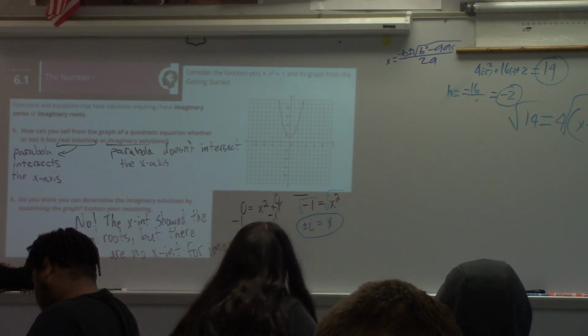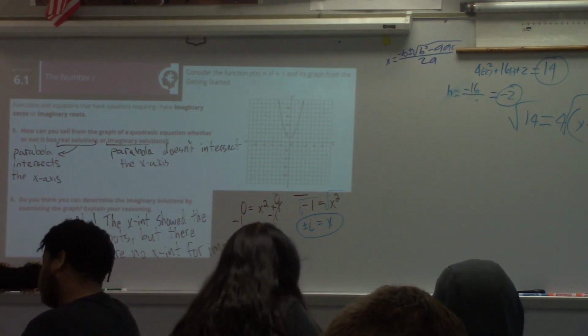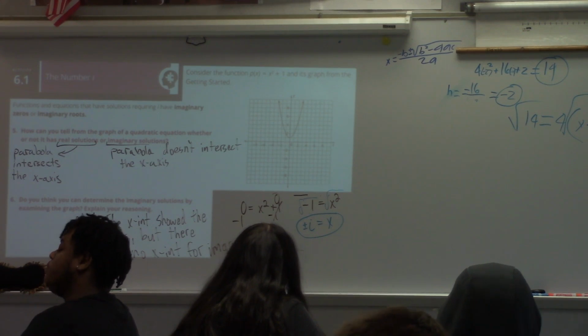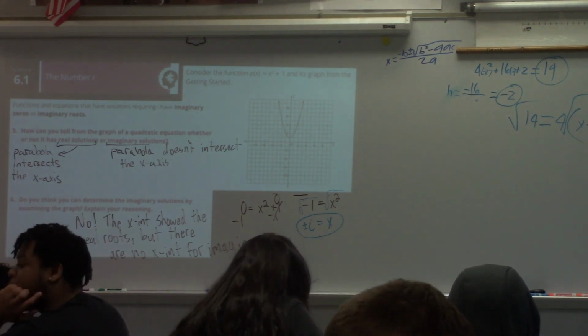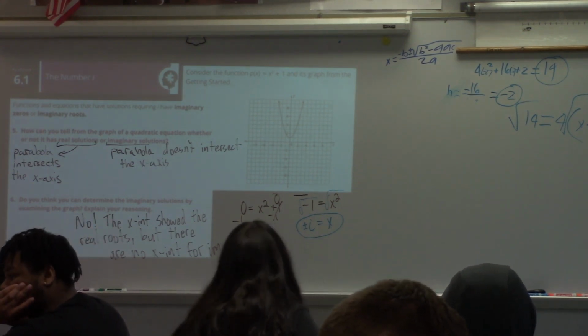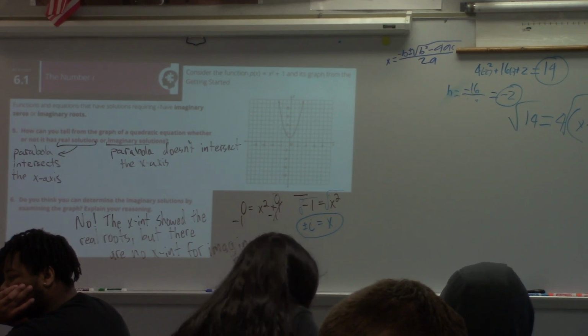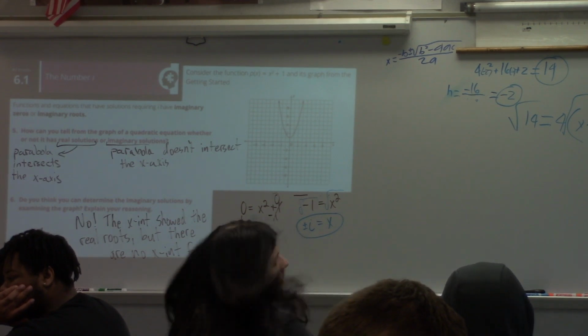That's important. Now, does that mean we just give up and we don't look for the roots? No! It just means we have to solve it algebraically. We cannot do it graphically, we have to do it algebraically.